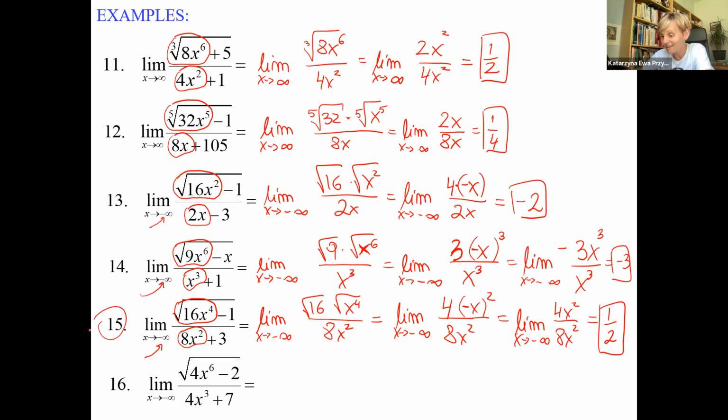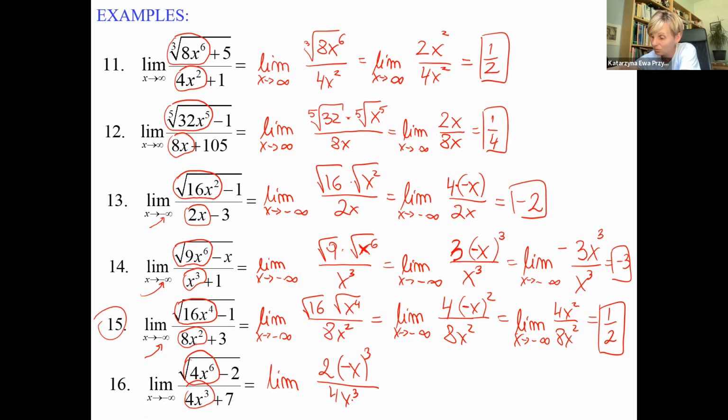Okay, and another thing, with 16, -infinity. Let's speed it up. We will have the square root of 4, because this is the leading and this is the leading. It's 2. Square root of x to the power of 6 will be x to the power of 3, but negative, because x is approaching -infinity.